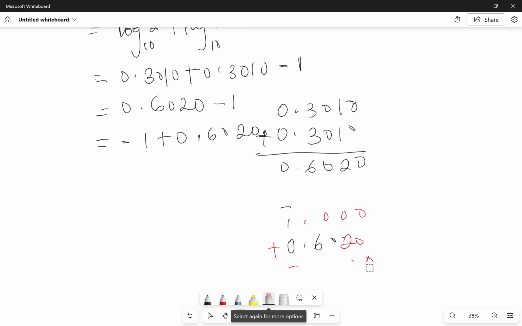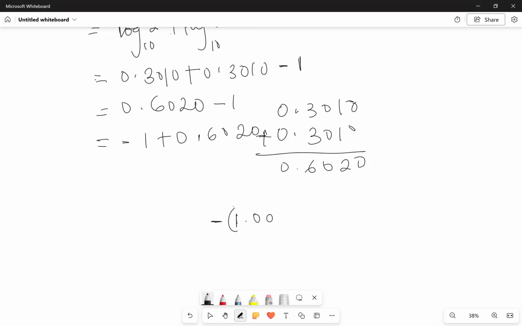All right, so at this point, this is what we're going to do. Negative 1, okay? Of course, let's do it this way. Plus 0.6020 can be rewritten as 0.6020, right?